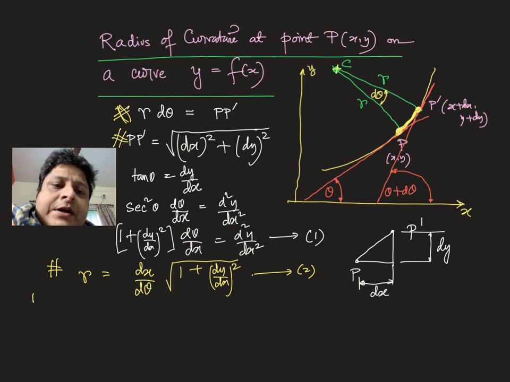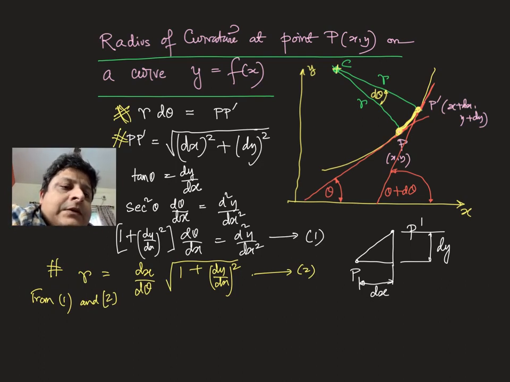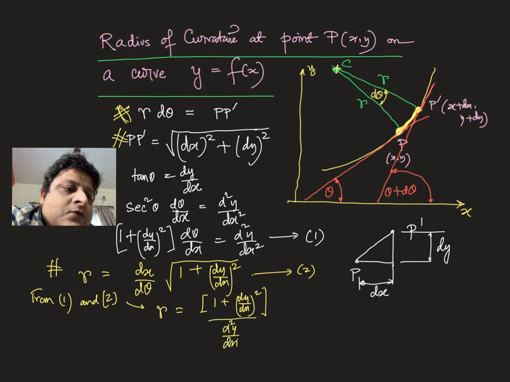Now you combine 1 and 2. From 1 and 2, I'll write the value of R. Now dx by d theta, from 1, is 1 plus (dy/dx) square divided by d2y by dx2, multiplied by the square root of 1 plus (dy/dx) square.